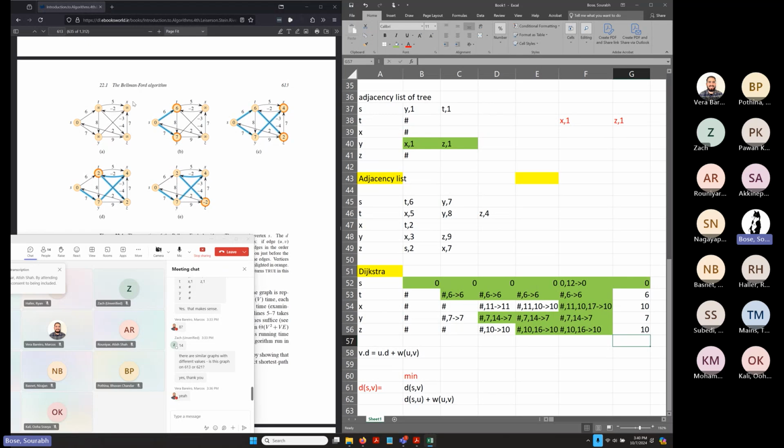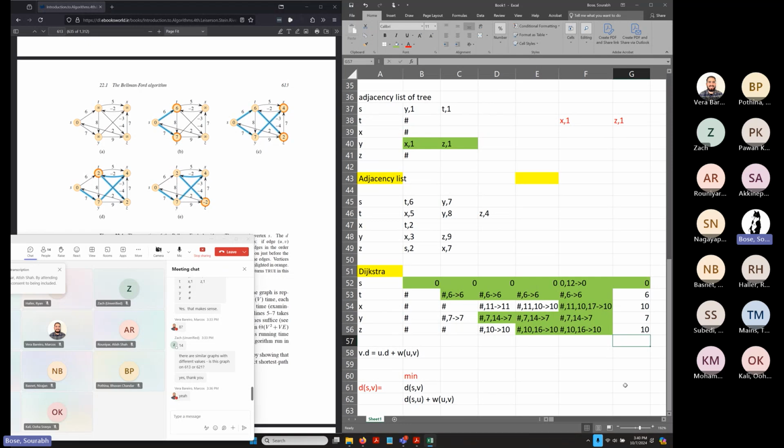So S, Y, X is the path taken by Dijkstra for 10. And for Y it is S to Y, that's 7. S to Z is 10. How did I get there? Well, S, T, Z, 6 plus positive 4 is the total cost for Z. Does Dijkstra make sense? This worked out example.